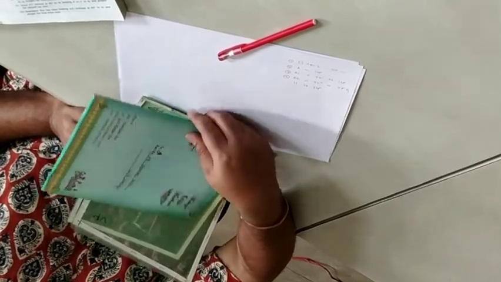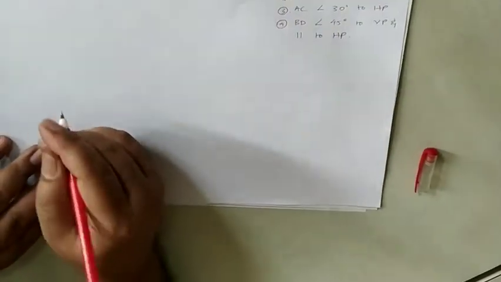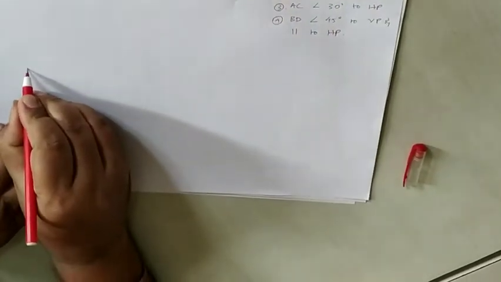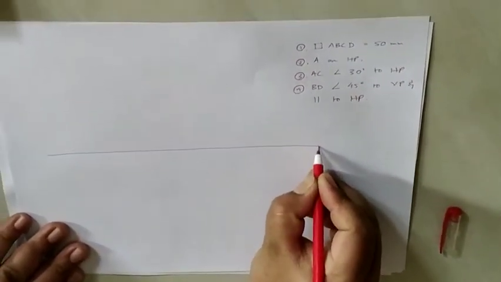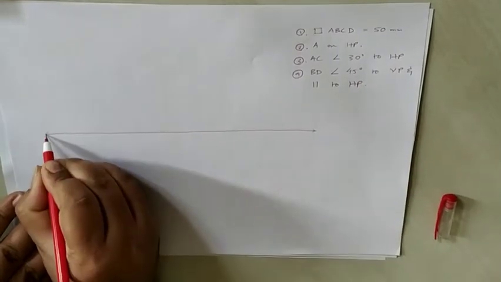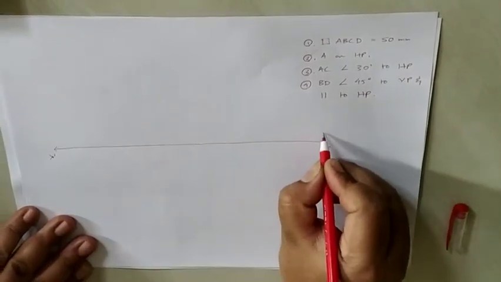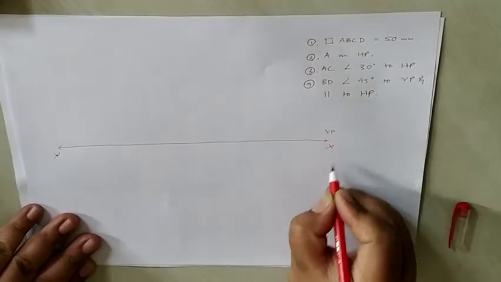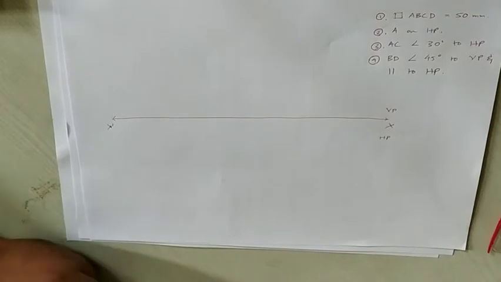Okay. Now let us solve it on paper. First you draw the axis line. You have VP and HP marked. Now first of all you draw the square ABCD.